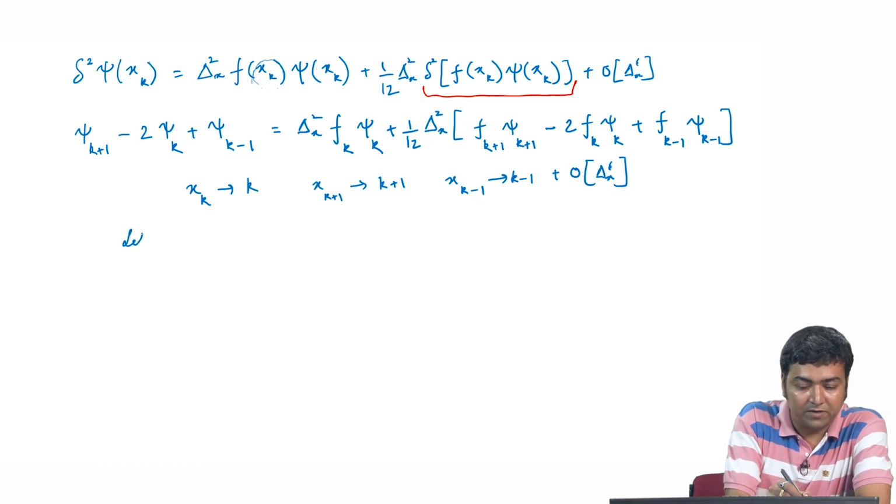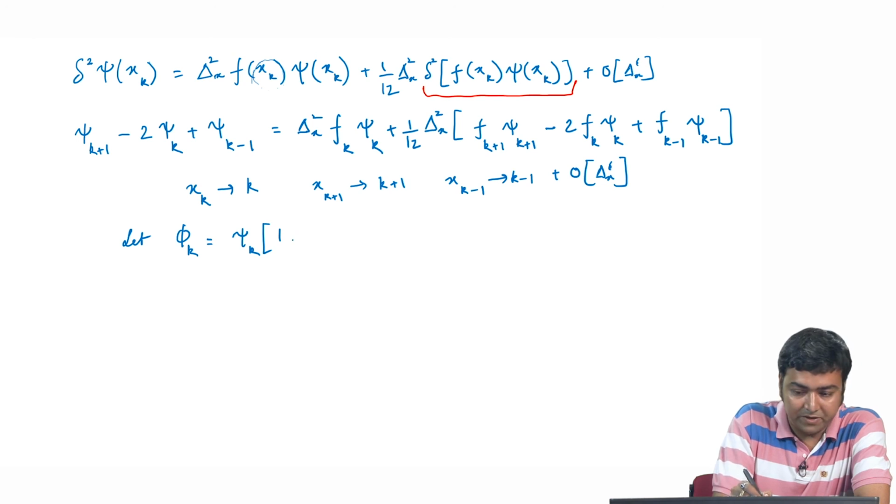Let us define another variable, phi_k, as the product of psi_k and 1 minus del x square f_k by 12.